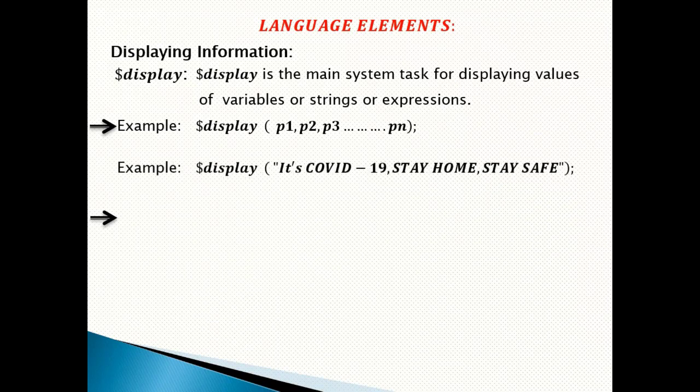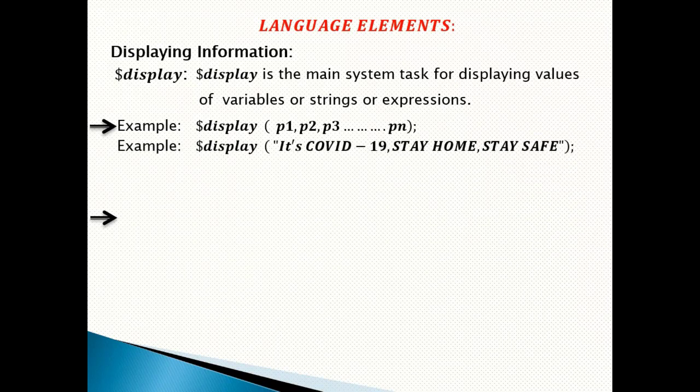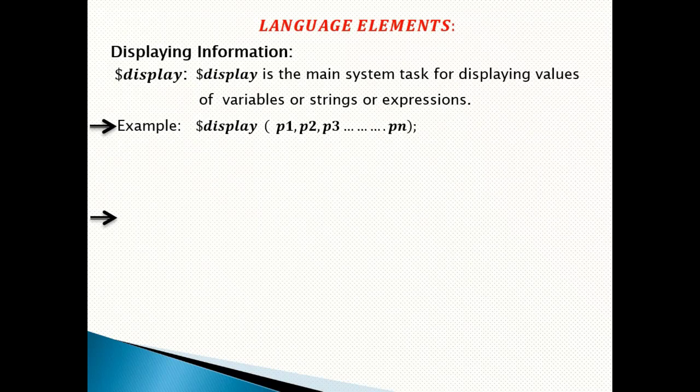Let us see one example. $display("It's COVID-19, stay home, stay safe"), written inside the quotes. On simulation, the display will be like this: It's COVID-19, stay home, stay safe. Different string format specifications are used.